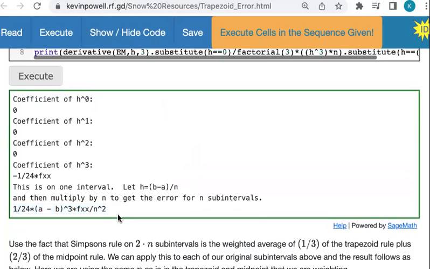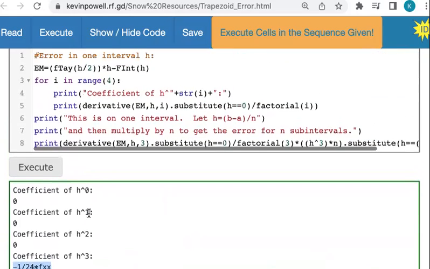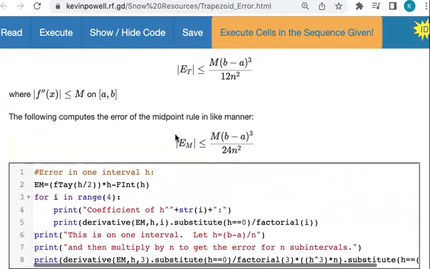And from there, it's actually this, but then times h cubed, but then you plug in this and multiply by n. So you get that, and then you just replace fxx with an upper bound, and that's where we get this formula right here.